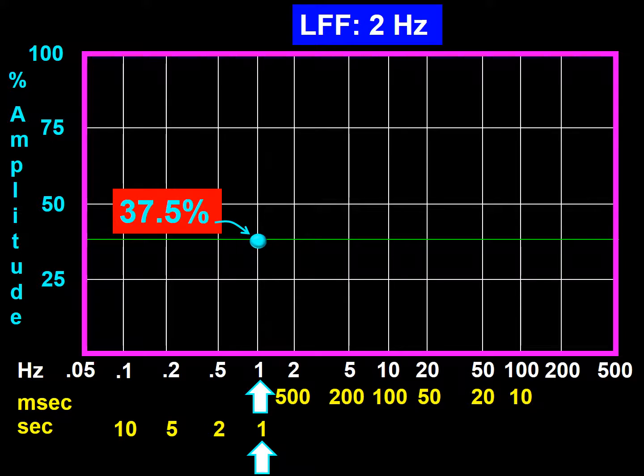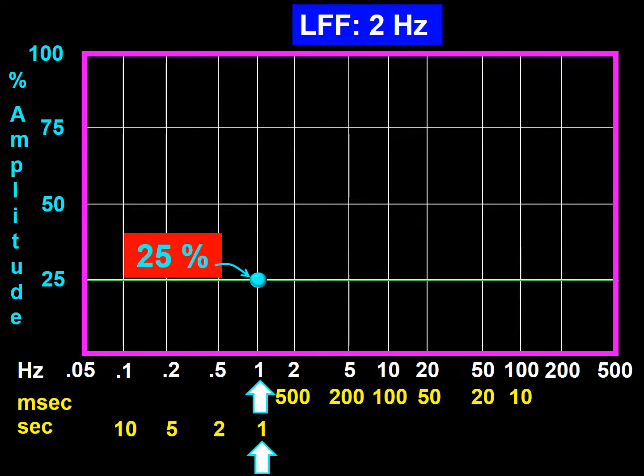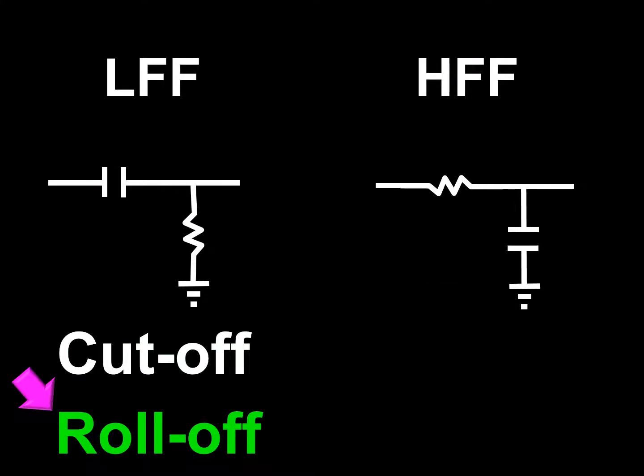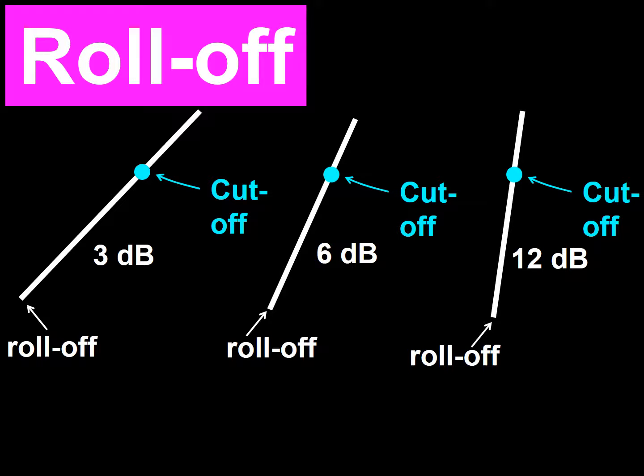Let's say 37.5%, or even more, let's say 25%, depending on the roll-off of the filter. Remember, when we spoke about roll-off, we spoke about slopes.